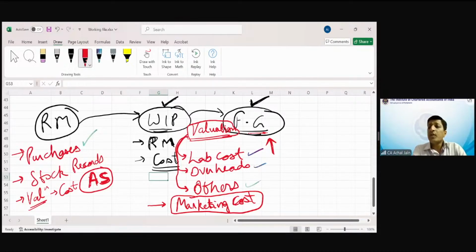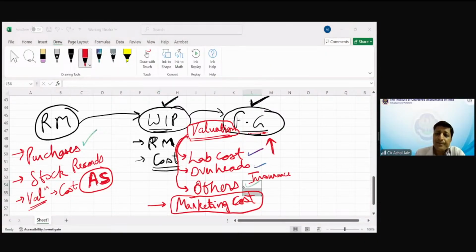If you are the auditor of that company, how would you deal with that? What will you do? Is an insurance cost? Yes, of course. So let me just write that as an example. But my question is how will you deal with such types of costs? Tell me quickly.